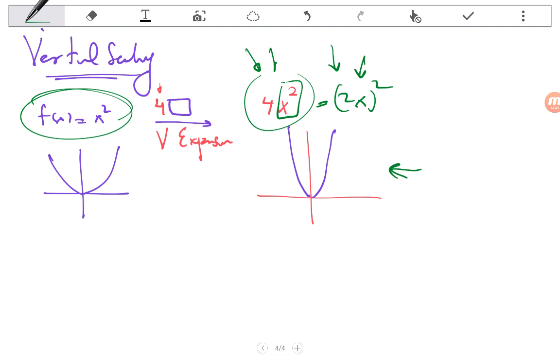But is it always the case that a horizontal compression gives a vertical expansion? No. This is just a special case. It is not general. For example, we will meet the sine function in this lecture. If you make a horizontal compression, it will just be like this.